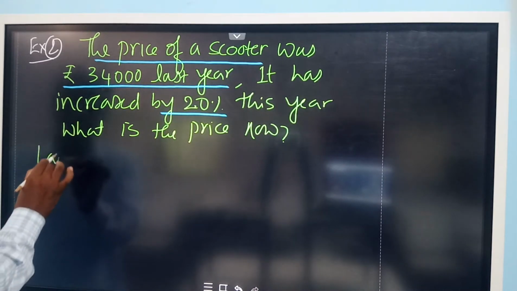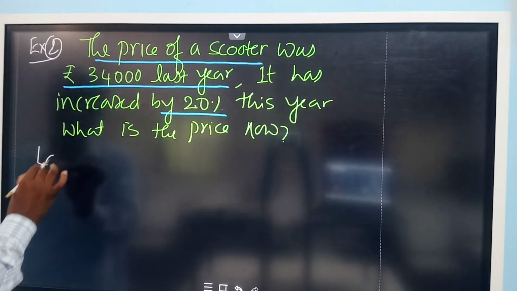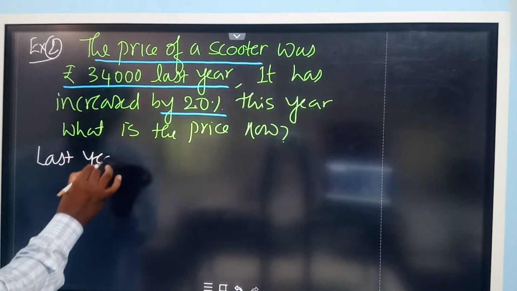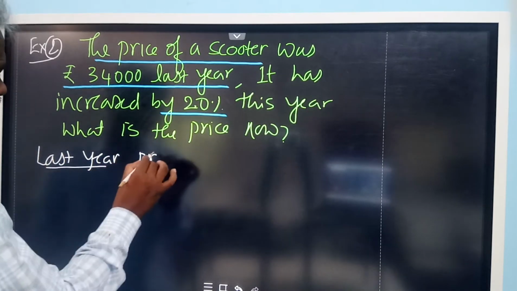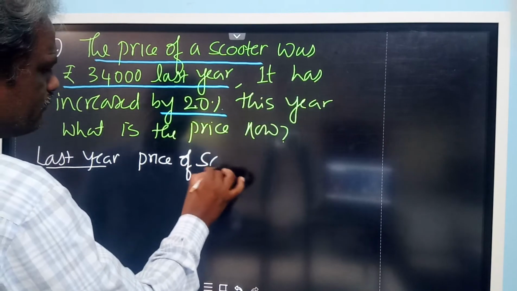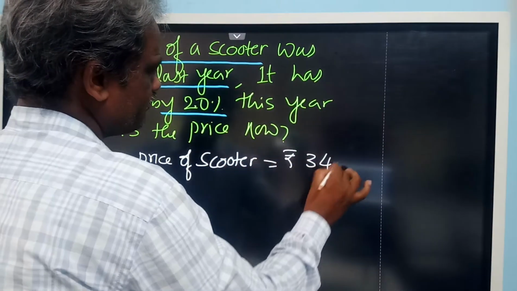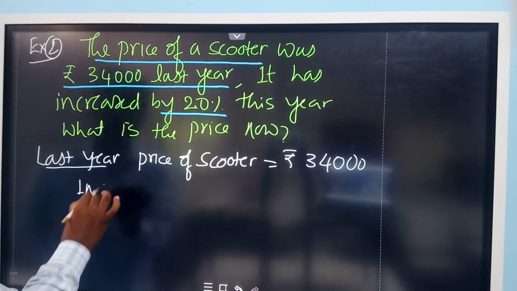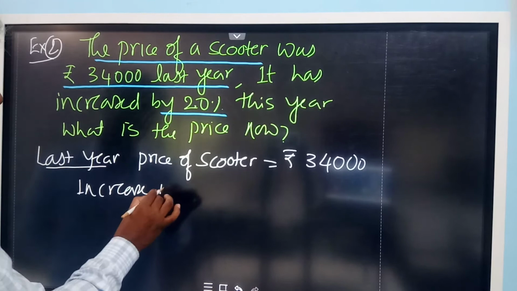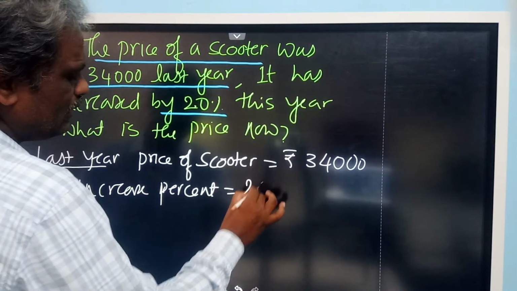So last year, you can write the details here. The last year price of scooter is equal to rupees 34,000. The increase percent is equal to 20%.